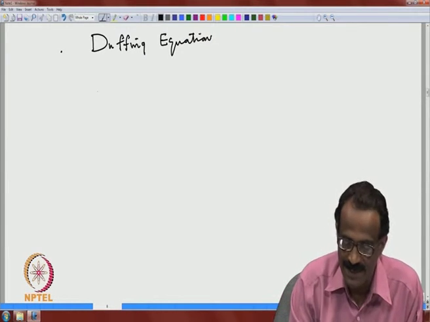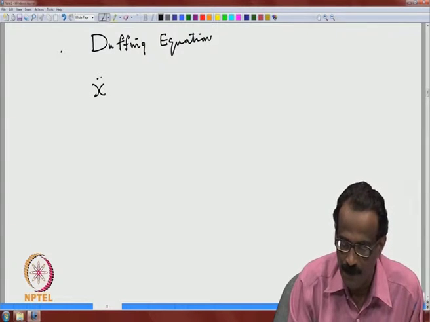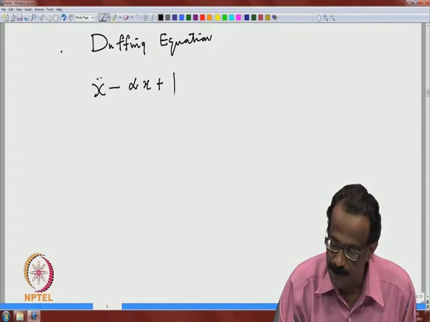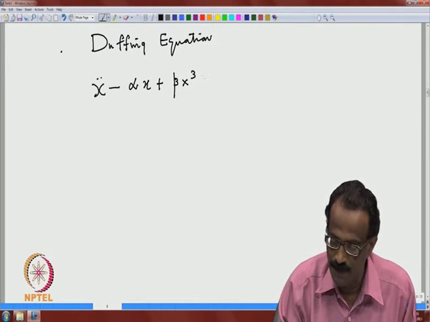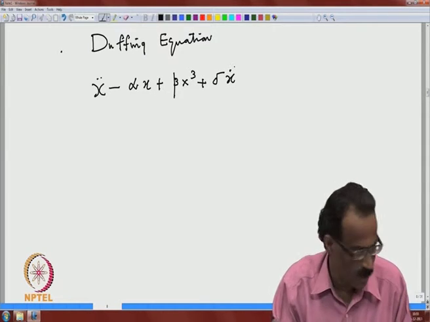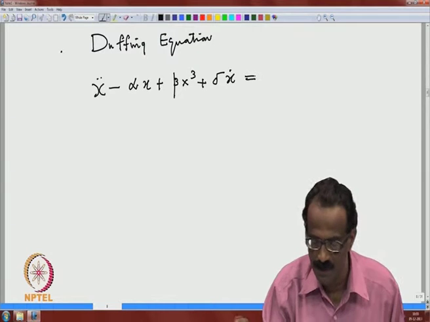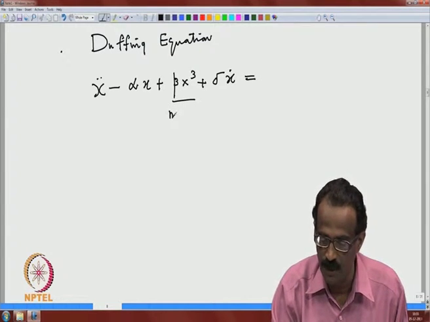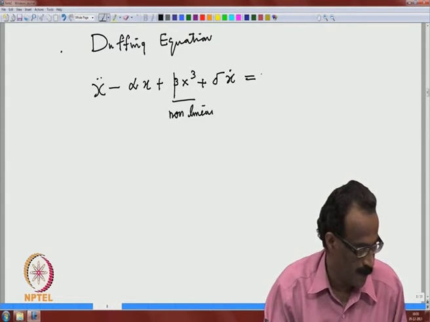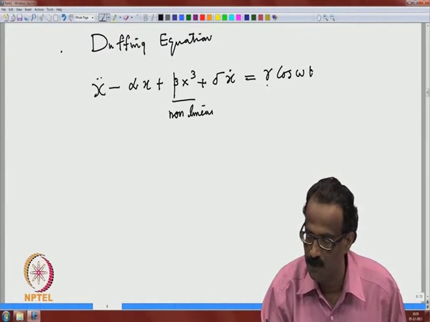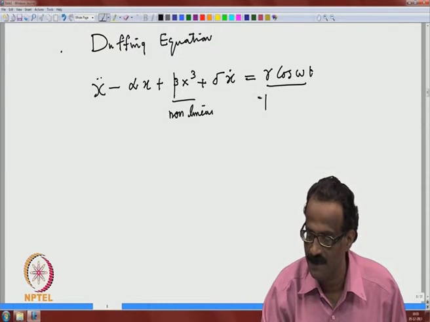The equation looks like this: x double dot minus alpha x plus beta x cube plus delta x dot, and you can also have a driving force if you want. Without it, you have a homogeneous equation. This is nonlinear due to the x cube term, and you can put something like gamma cos omega t if you want an external driving force.